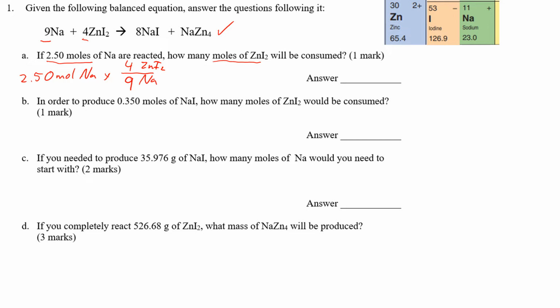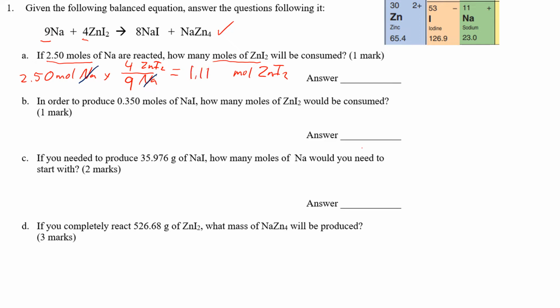My sodium now cancels, and the only unit I'm left with is moles of zinc iodide. So I just go 2.5 times 4 divided by 9 equals, and I get 1.11.